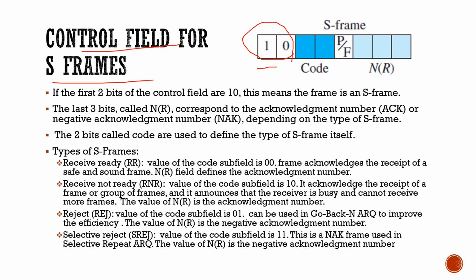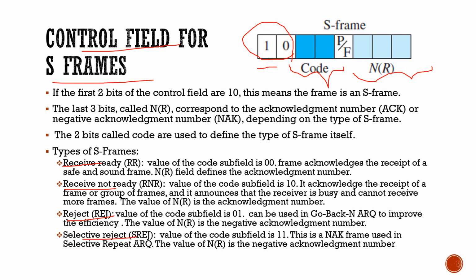The last three bits, as we know, are the response number, that is, the acknowledgement number which the secondary gives us. And this 2-bit field is called the code, which is used to define the type of S frame. In that we have four types: receive ready, receive not ready, reject and selective reject. These are the four different types of S frames.